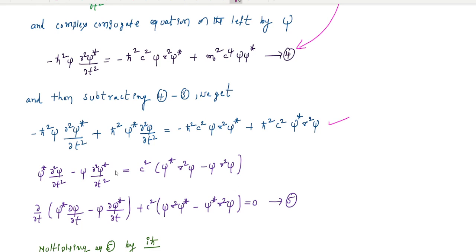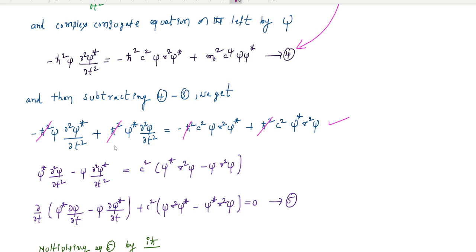Next step is to simplify this equation by observing carefully. Here different terms are there. So I'm going to cancel the h cross square term. The remaining terms are here like this. I'm just rearranging this equation.